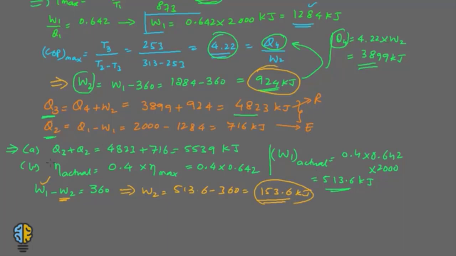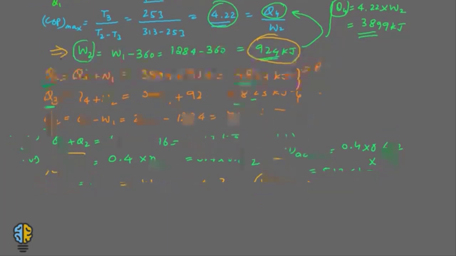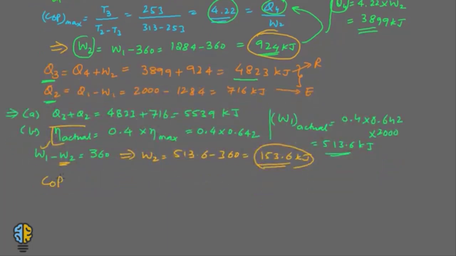Now with the actual efficiency here, let's find out the actual COP also. The actual COP is the 40% value of the maximum COP, which was 4.22. So this becomes 0.4 into 4.22, which is equal to 1.69. So this is the new COP, 1.69.